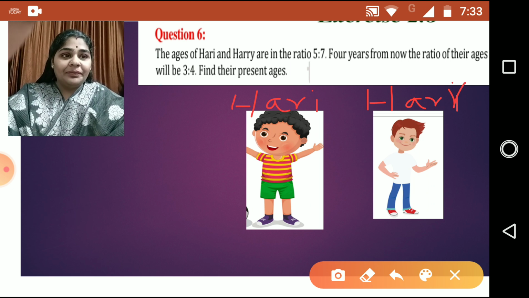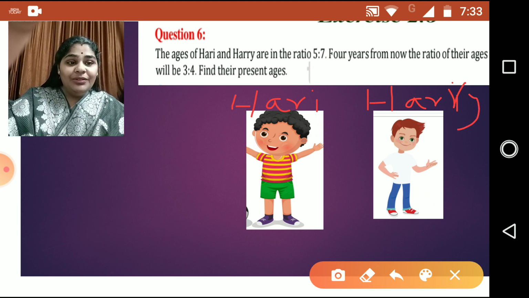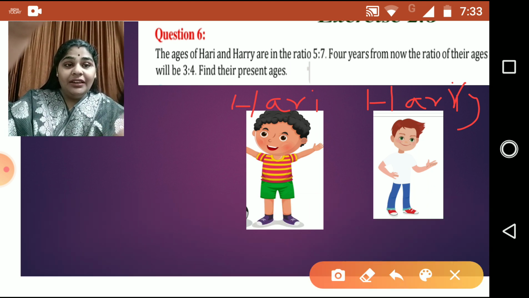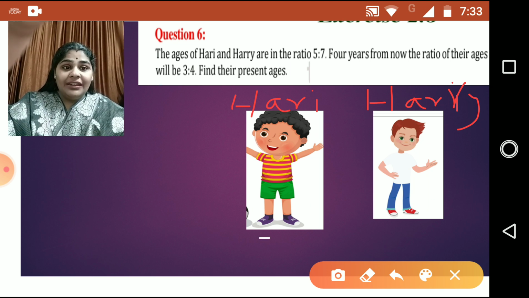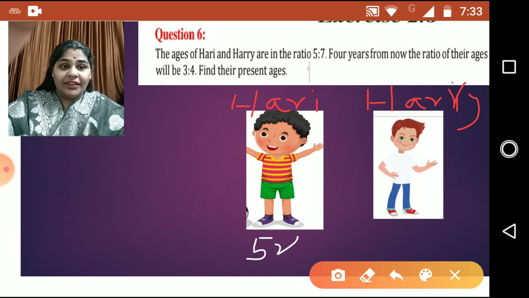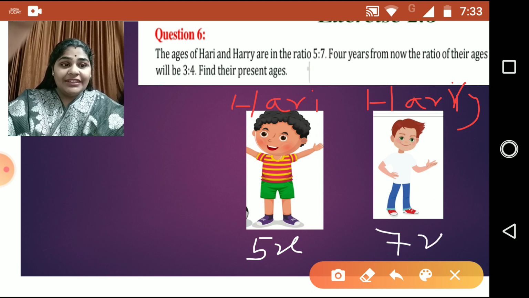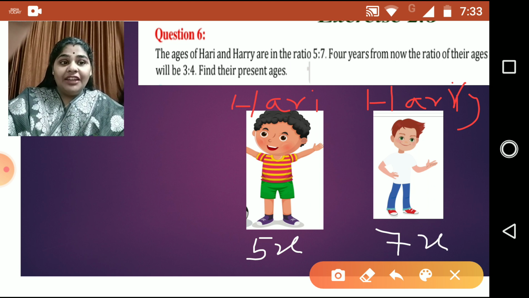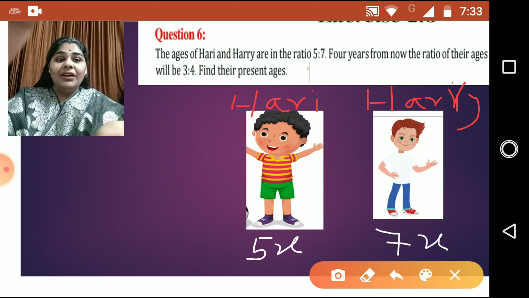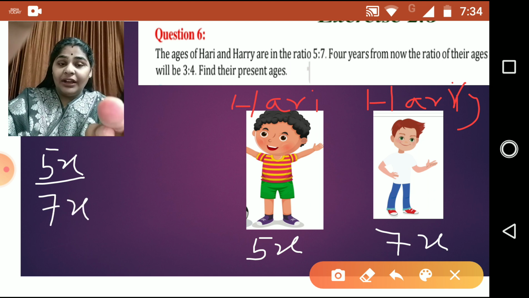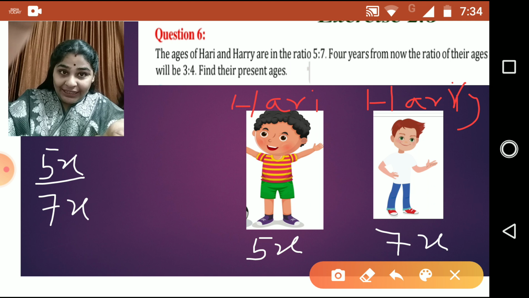The ratio is given 5:7. That means Hari, let us consider the age as 5x, and Harry, let us consider the age as 7x, right? And when we write in the ratio form, how can we write children? Yes, it will be 5x upon 7x, that is the age of Hari to the age of Harry, right?